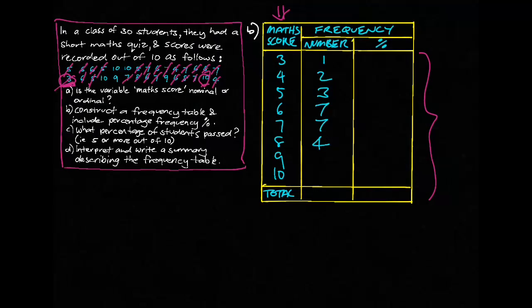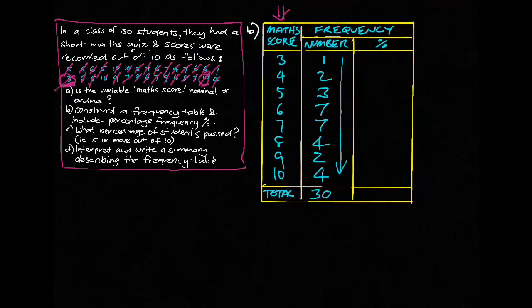We've got 1, 2. And finally 10. 1, 2, 3, 4 10s. Okay, we go ahead now and we add up the total in this column and we get a value of 30. So that should be the total number of students and the total number of scores.